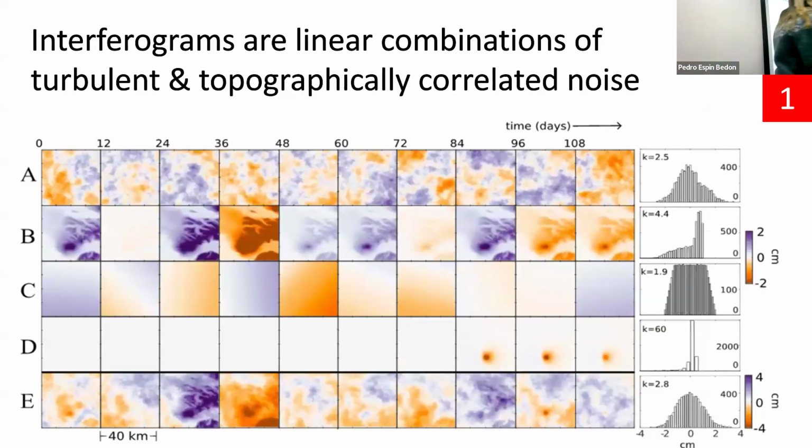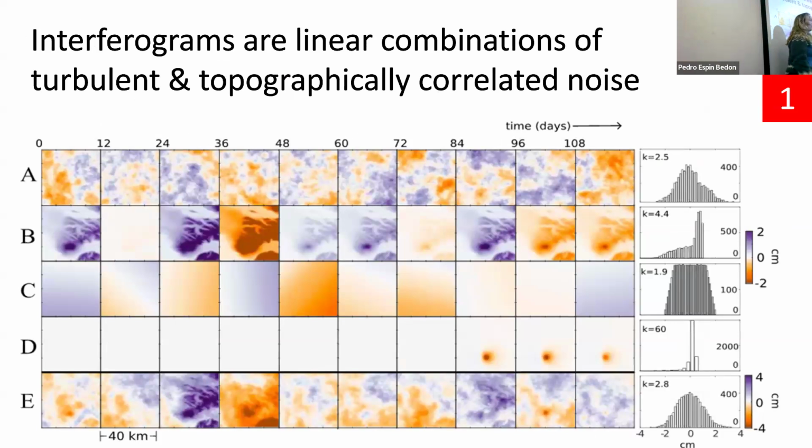Okay. So interferograms are linear combinations of turbulent and topographically correlated noise. This is essentially to show a set of synthetic interferograms, divided up into different components, which is something that we try and do sometimes. This is more or less what they look like. You have a ramp due to changes in satellite position.